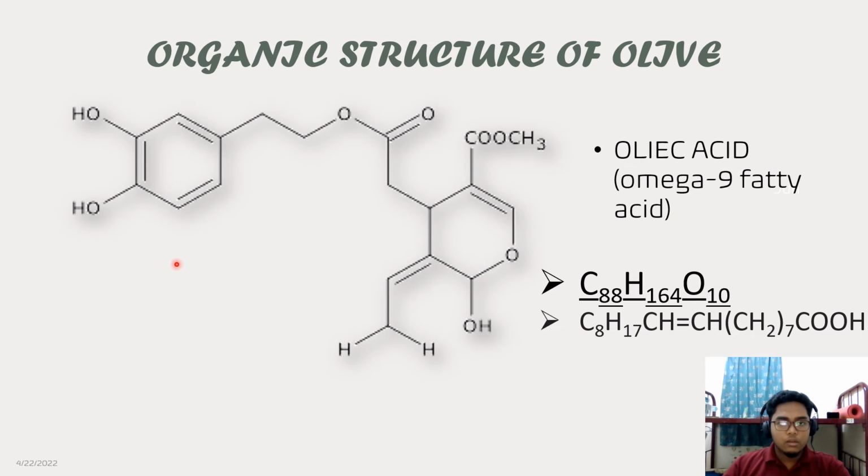Okay, for the organic structure of olive, as we know, oleic acid is an omega-9 fatty acid, which in simple form I can say the organic structure is C8H17, CH=CH, and C7H14COOH.